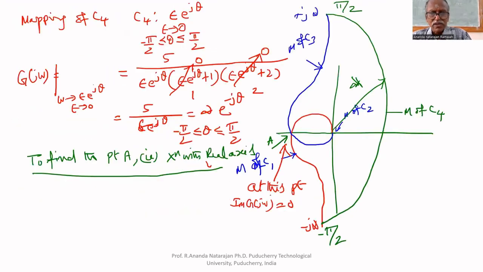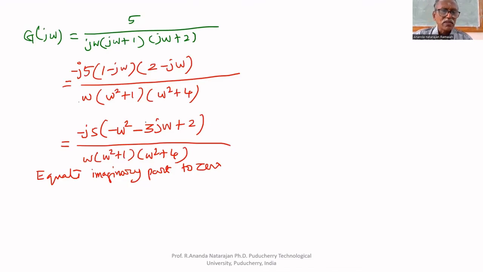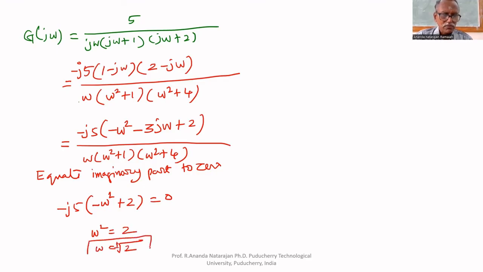That's why we are taking the imaginary part out and equating it to 0: minus j5 and minus omega square plus 2 equal to 0, or omega square equal to 2, or omega equal to plus or minus root 2.